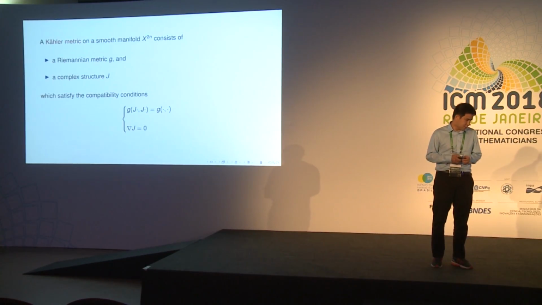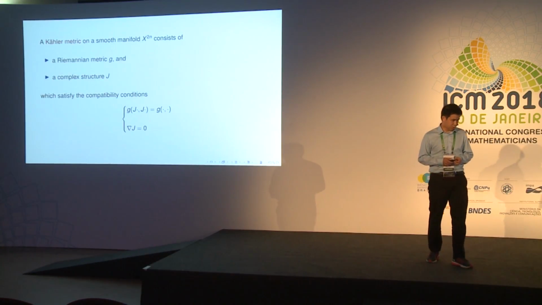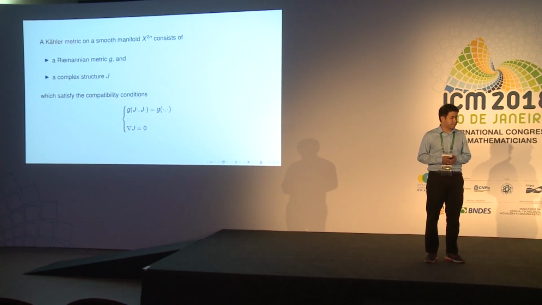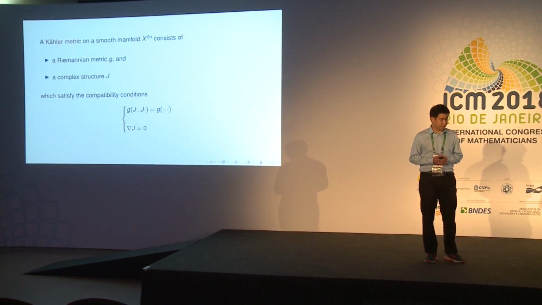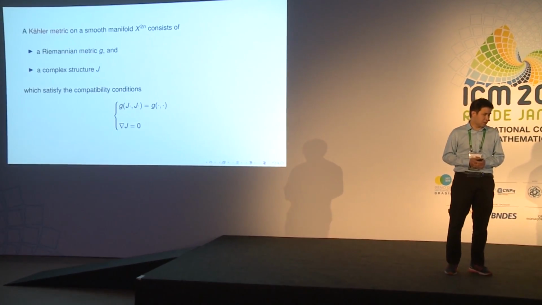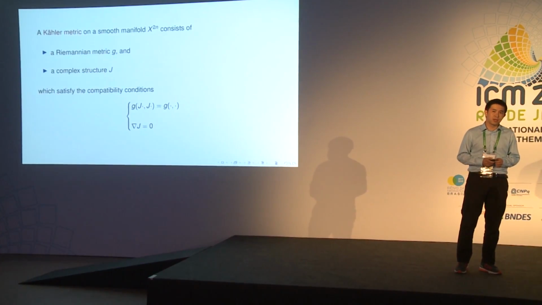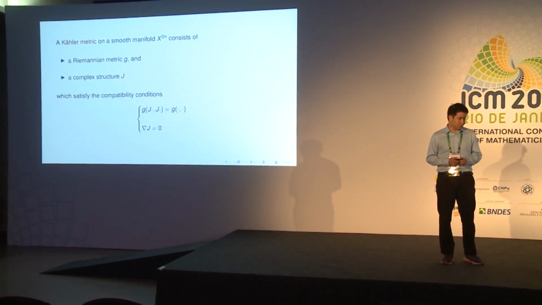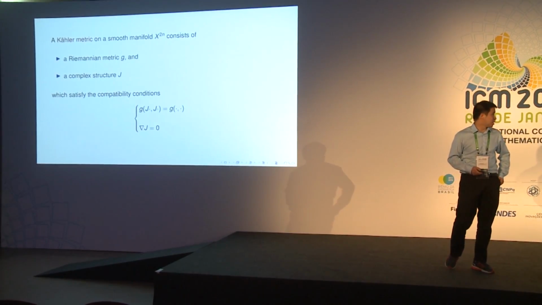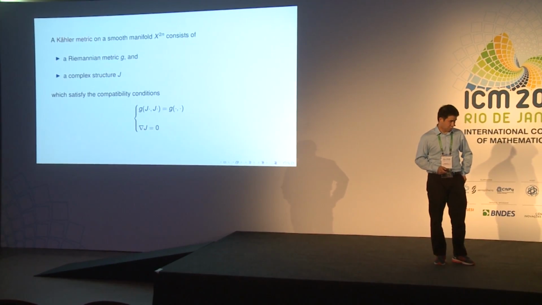A Kähler metric is a structure on an even-dimensional manifold. It consists of two objects, a Riemann metric and a complex structure. This complex structure gives rise to a holomorphic atlas. They are compatible in the sense that the complex structure is orthogonal with respect to the Riemann metric and is parallel with respect to the Levi-Civita connection defined by the metric.